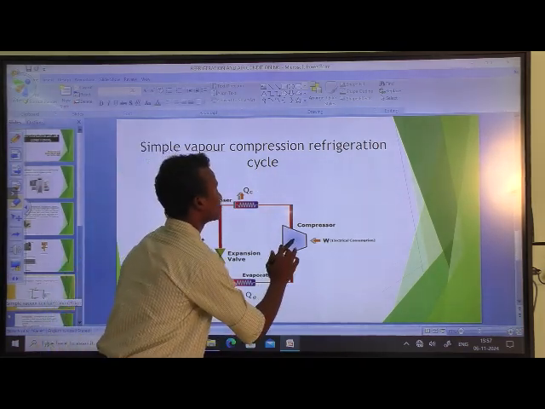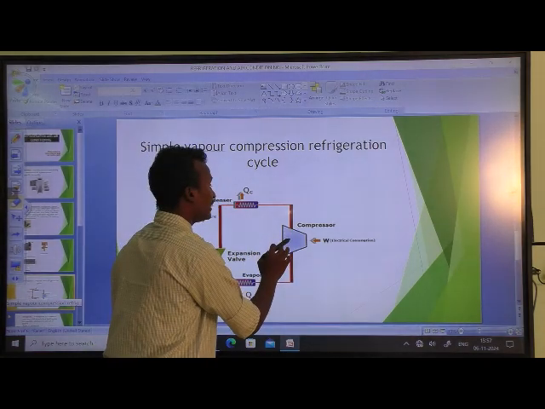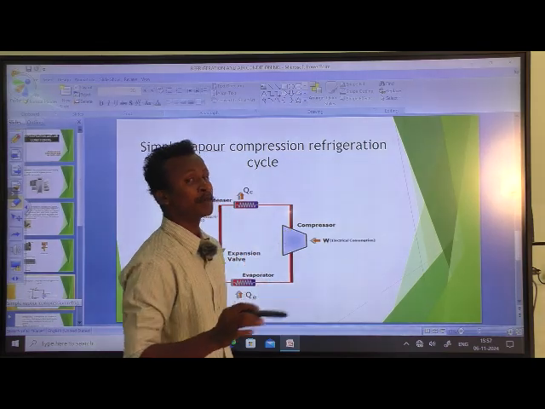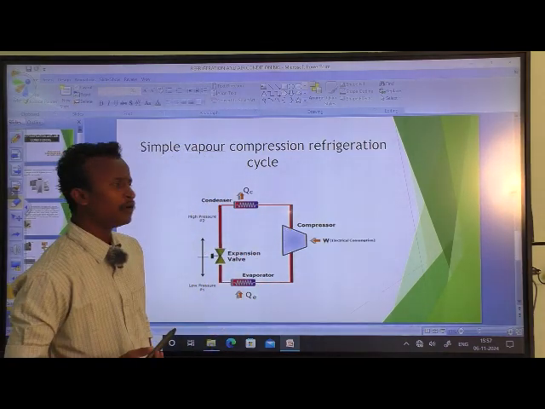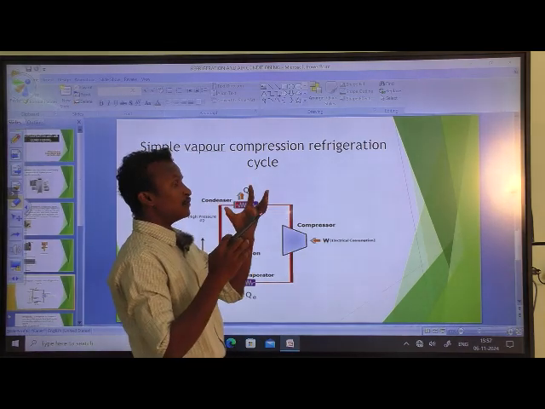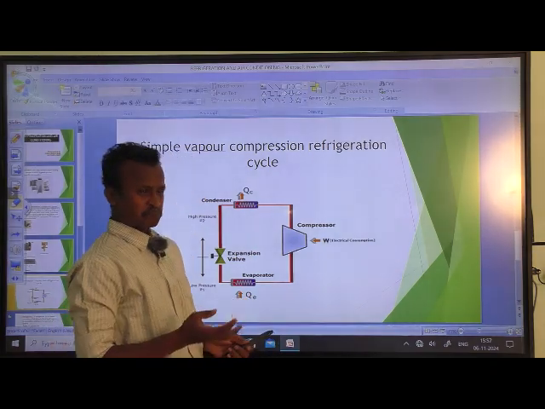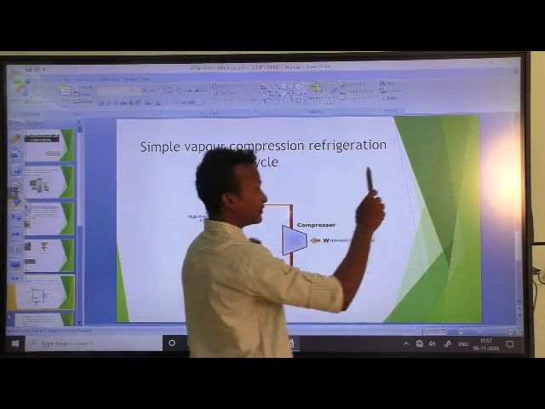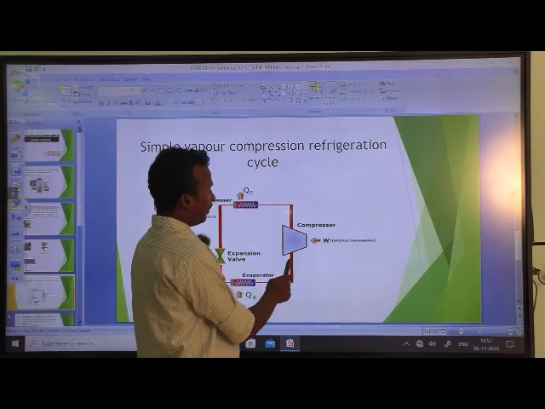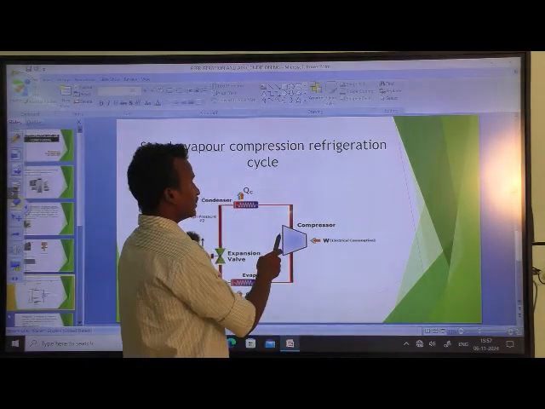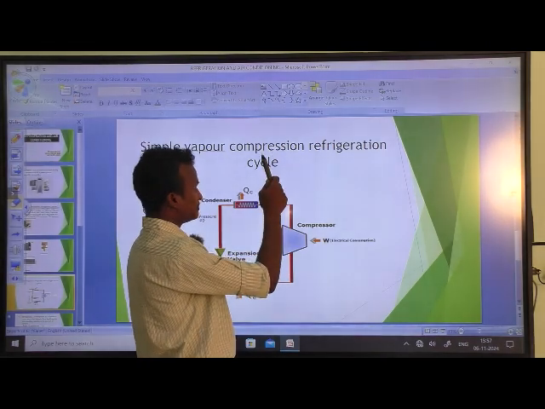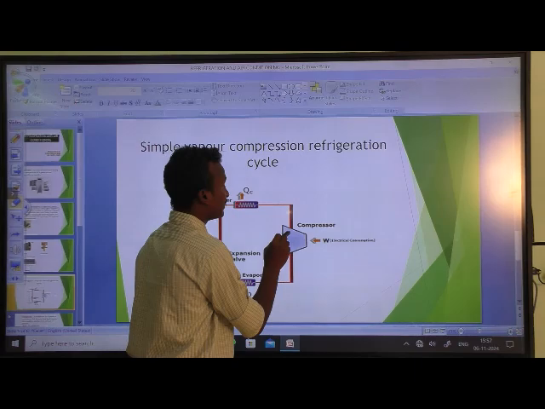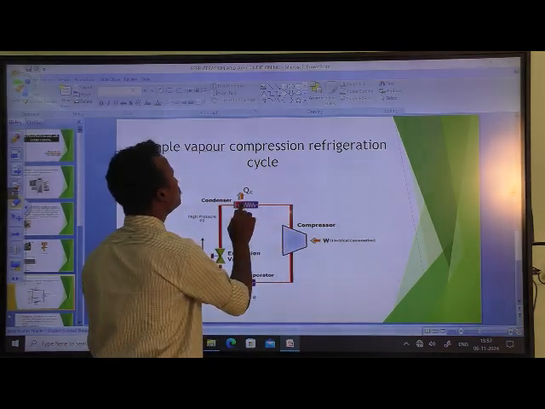Now listen, when the refrigerant comes to the compressor, it will be in the form of vapor, because as we know, a compressor compresses only vapor and air, and a pump compresses liquid, the water. When the vapor comes to the compressor, the temperature and the pressure will increase. Okay? And that amount of temperature and pressure present in the refrigerant will flow to the condenser.